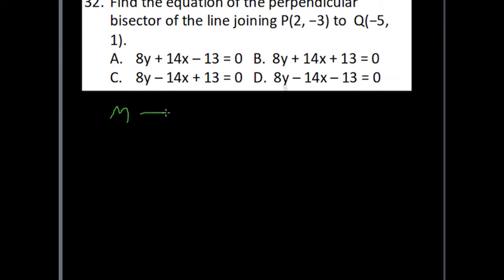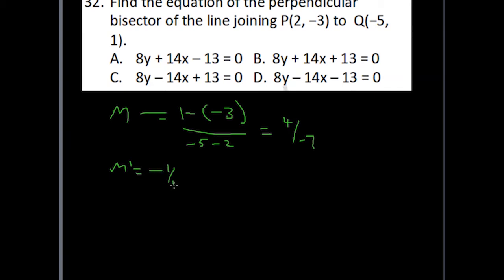Let's call it M. So slope of line PQ is 1. In my first video on differentiation, this has actually been explained. So when two lines meet perpendicular to each other, the other one we will call M prime equals minus 1 over M.